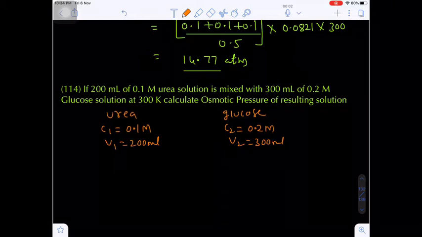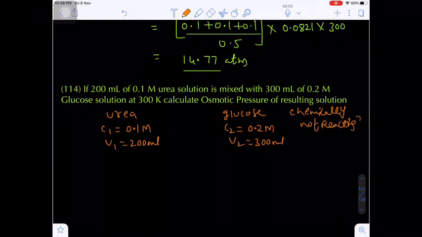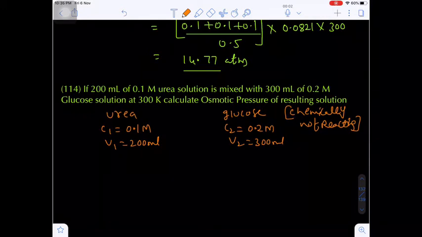Now here these two solutes are chemically non-reacting, remember. And one more important thing, these two solutions have van't Hoff factor iota value equal to 1 because both are non-electrolytes.